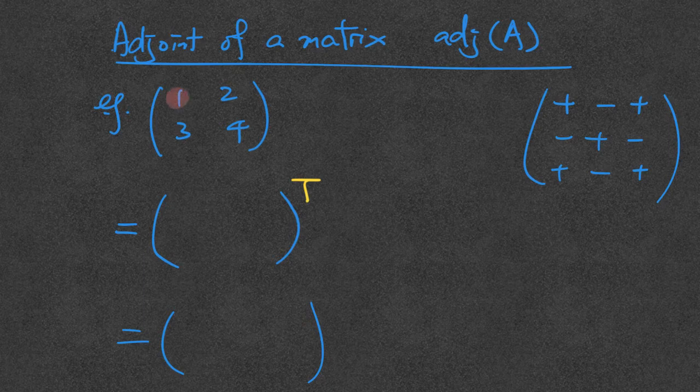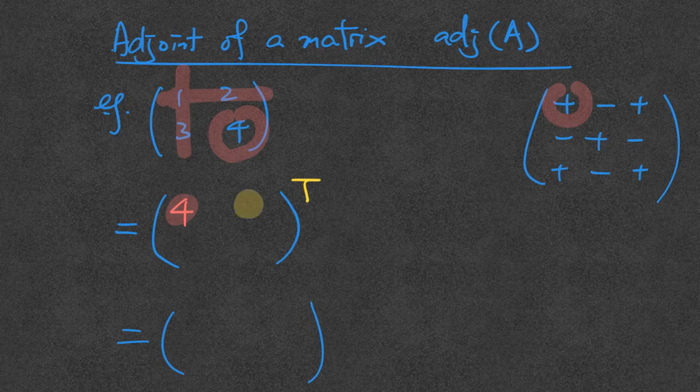For example, if I want to find the new value of position 1, 1 here, we cross out the row and the column, and you get a 4. According to the sign, this 4 is positive, so the outcome now would be 4 here. Let's see whether you can follow it. Hopefully, yes.